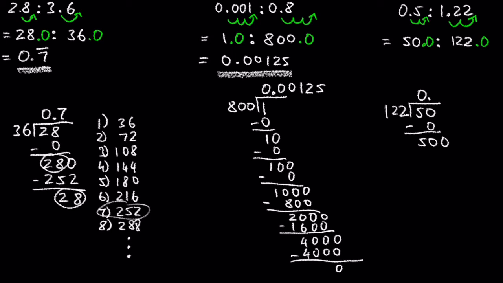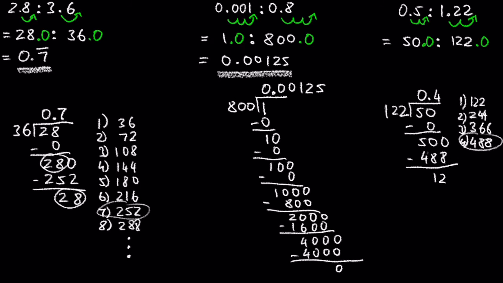Let's make a list. 122, 244, 366, 488. 1, 2, 3, 4. 4 times. Four times 122 is 488. Subtract 488 from 500 and we get 12.